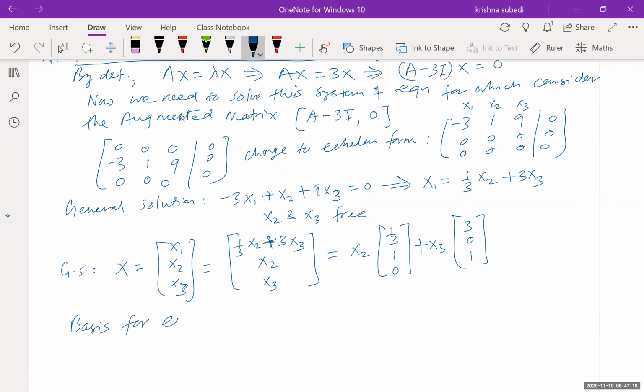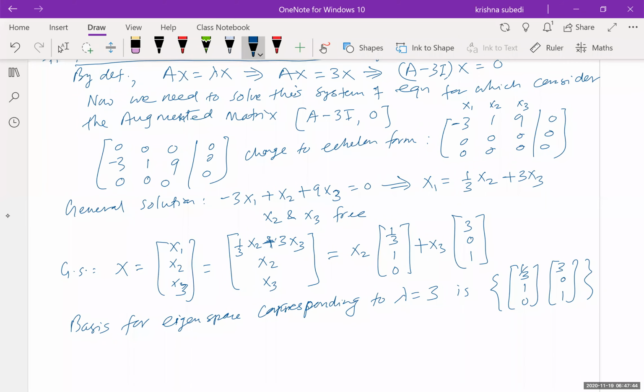So the basis for the eigenspace corresponding to lambda equals 3 is 1/3, 1, 0, and 3, 0, 1.